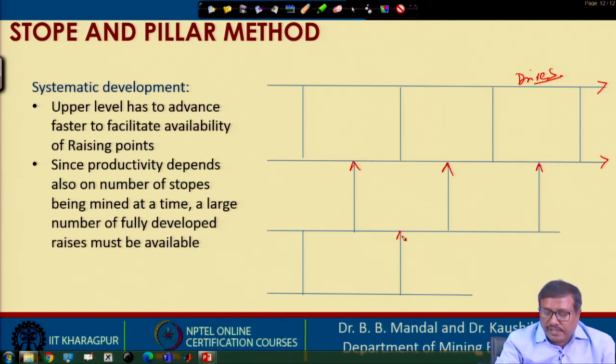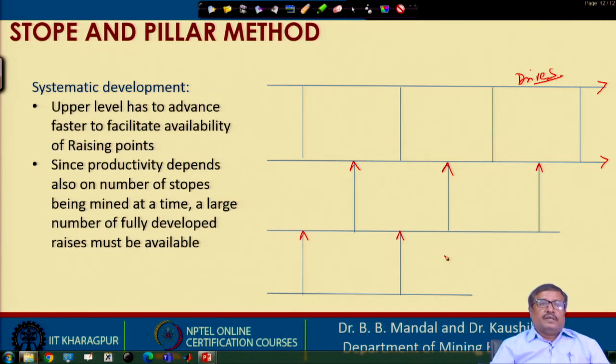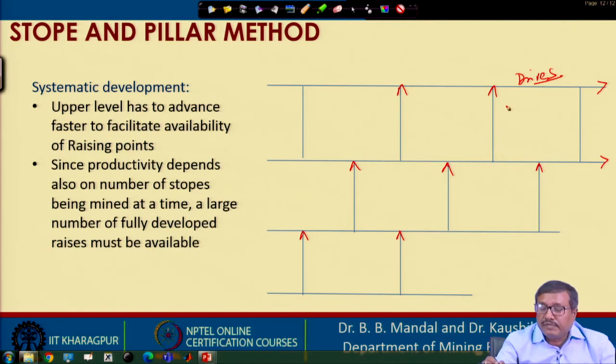So, the essential condition is that you advance the drives very fast and make space for the operating people to connect the lower level with the upper level at multiple points. So, it is a prerequisite that development is the essence of mining.